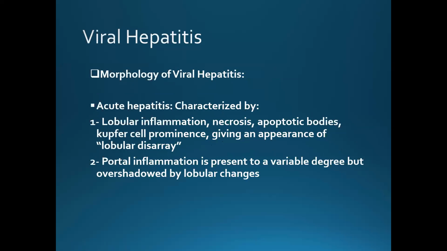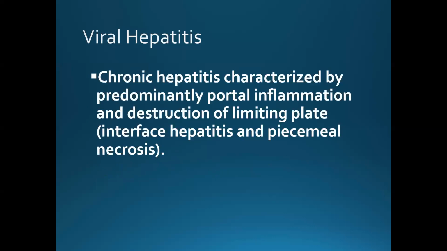Of course, it may become very hard to differentiate where the process starts. The type of cells may help. For example, acute hepatitis A is going to be associated with plasma cells. So if you start to see a lot of plasma cells, that may be an indication that the patient is having this kind of viral hepatitis.